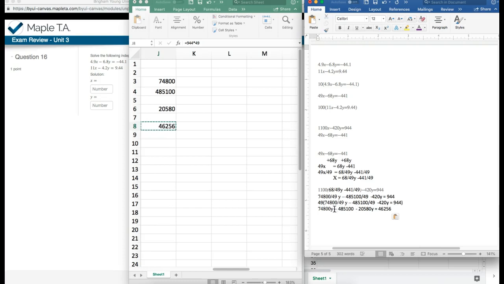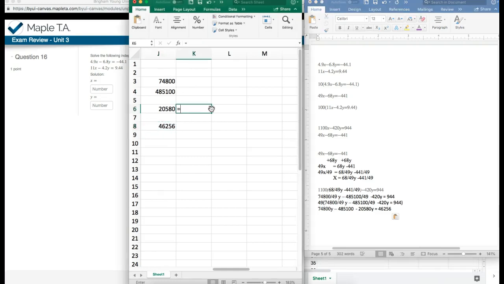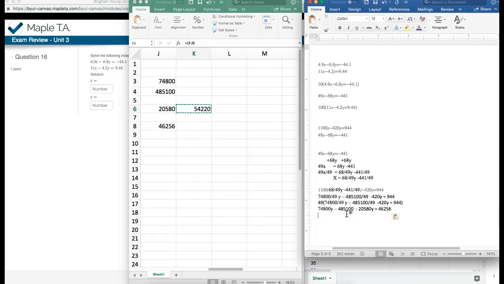Now I'm going to combine my y's, 74,800 minus the 20,580, and since I have these over here, I can just cell reference. So I'm going to do equals this number minus the 20,580, and I'm going to copy and paste for here the tricks of the trade, y, and I still have my 485,100.